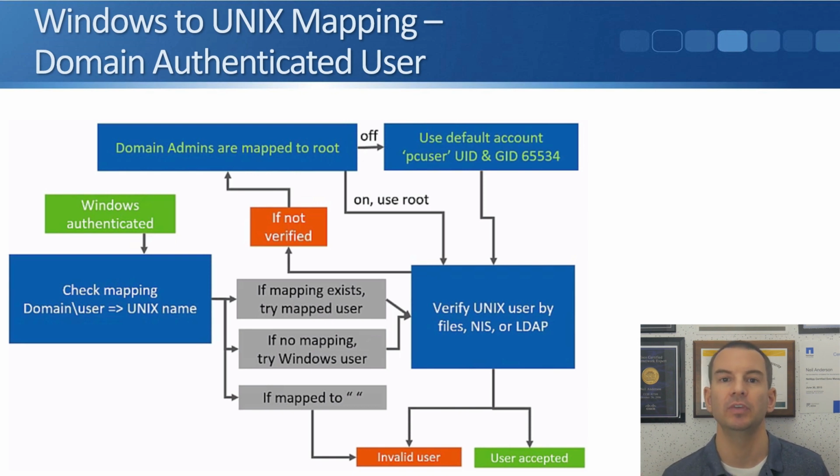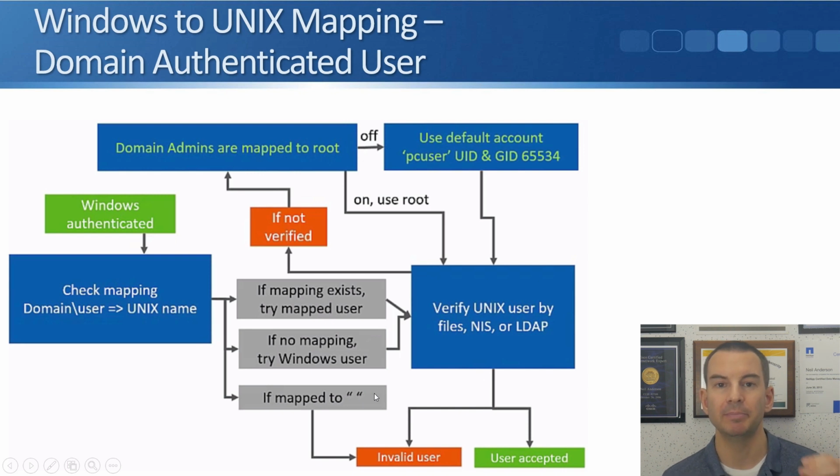So say that the Windows username is John Smith, then it will automatically try John Smith as the Unix username if there is not a custom mapping configured. And then the last one is if mapped to quotes. So there's nothing in there, it means it's a null string.